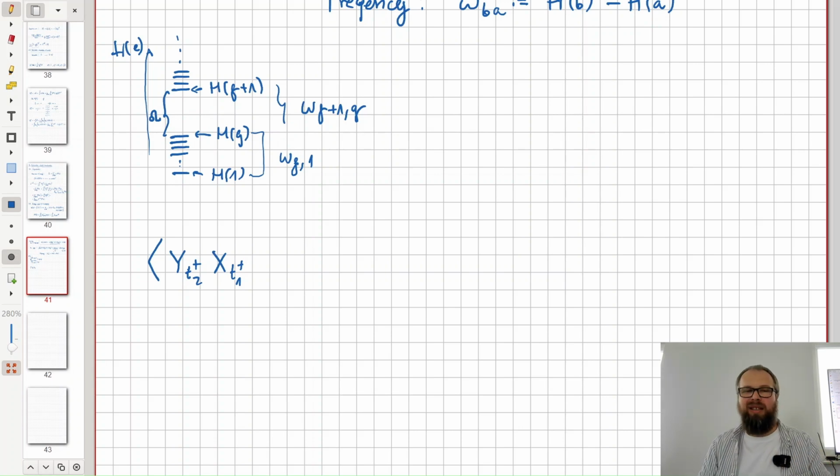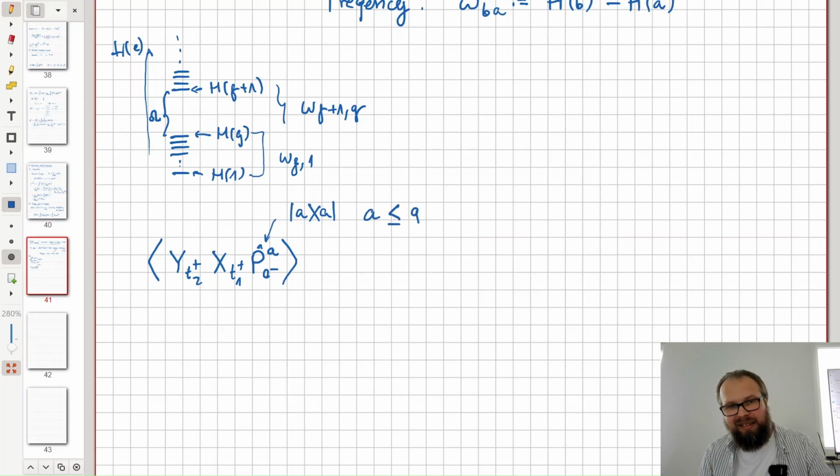We can represent this by P_A, where P_A is a projection onto A, and A is the below-gap index. B will be the above-gap index.